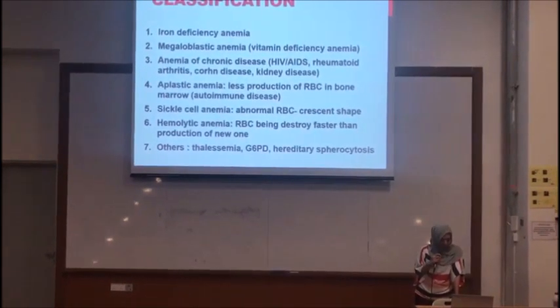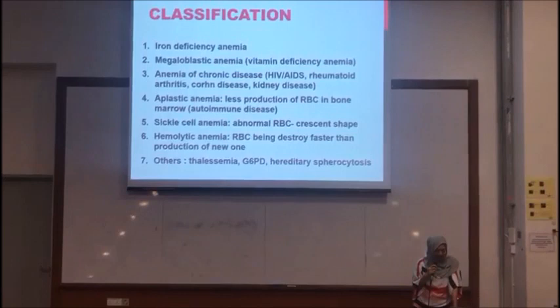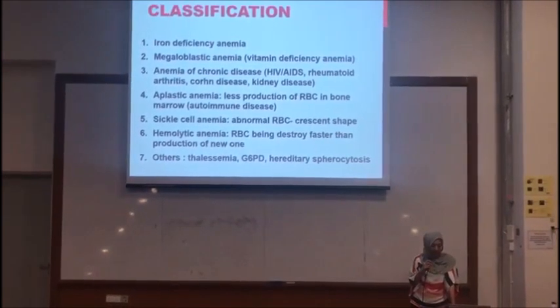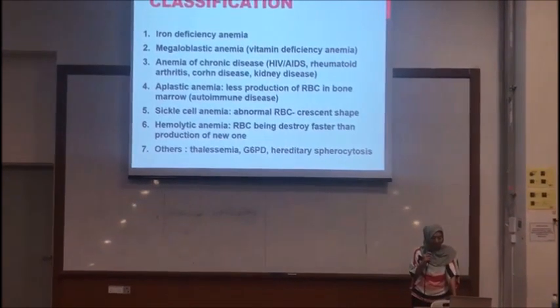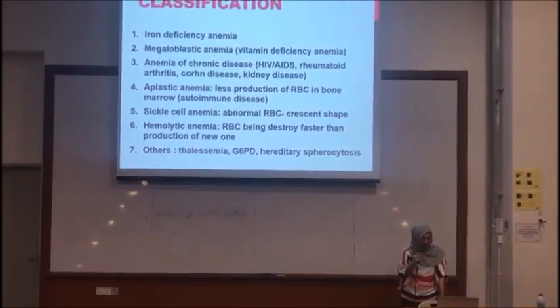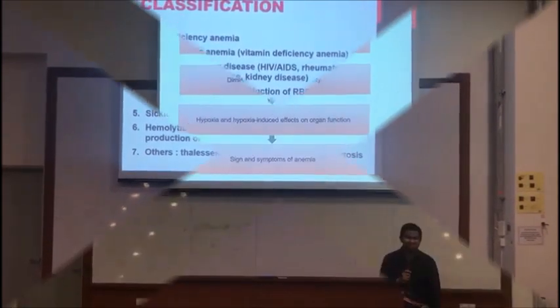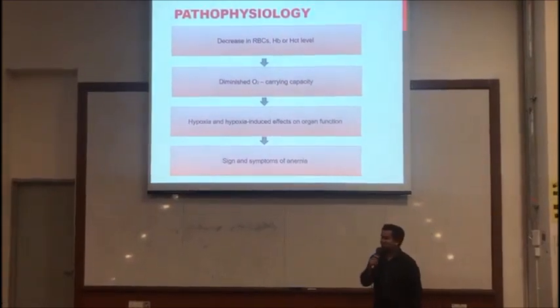Sixth is hemolytic anemia, red blood cells being destroyed faster than production of new ones. And others are G6PD anemia and hereditary spherocytosis.